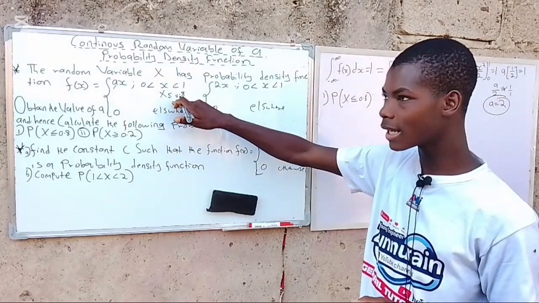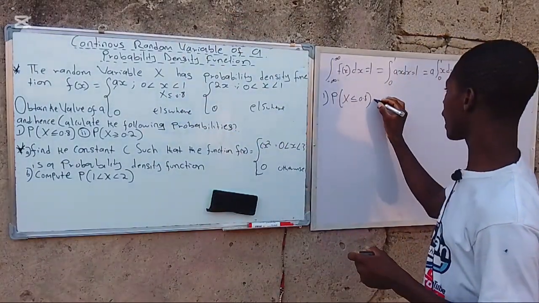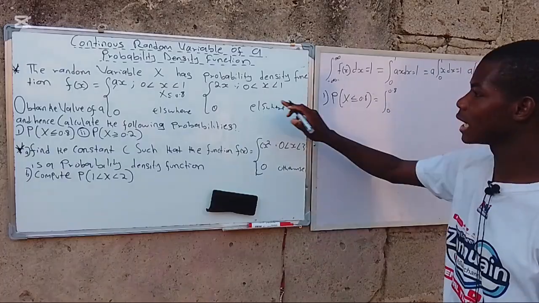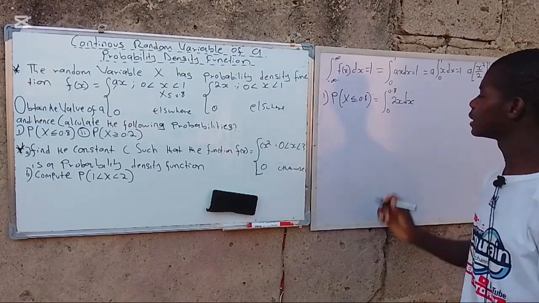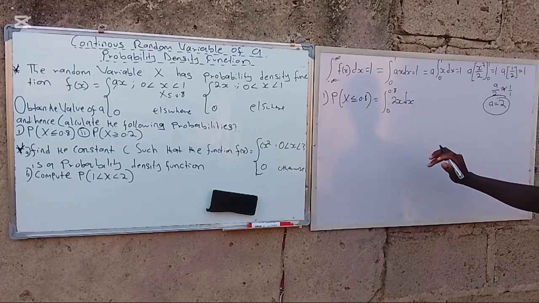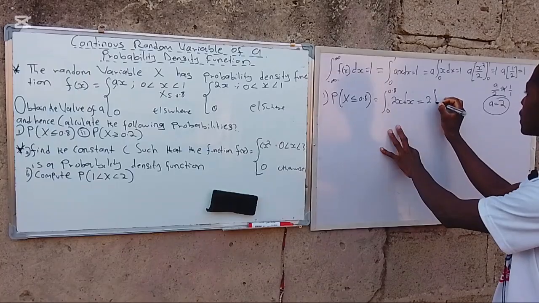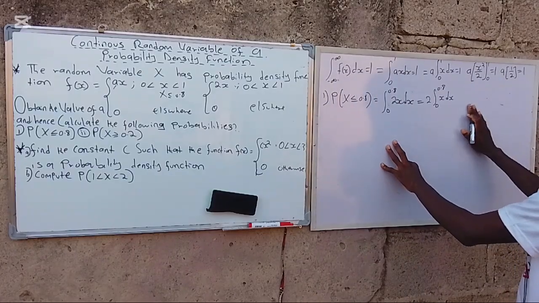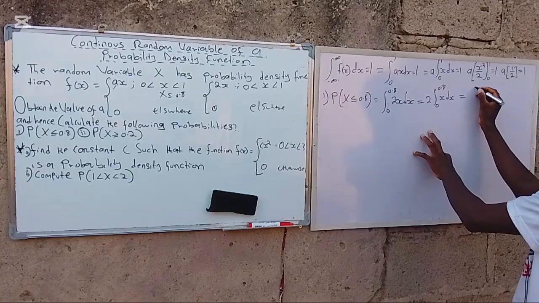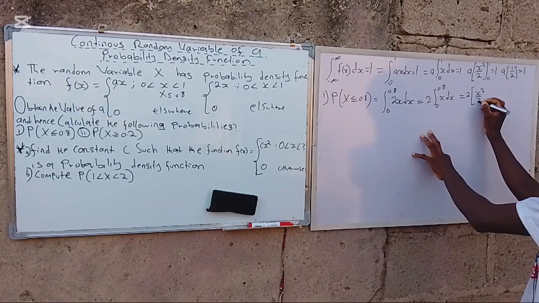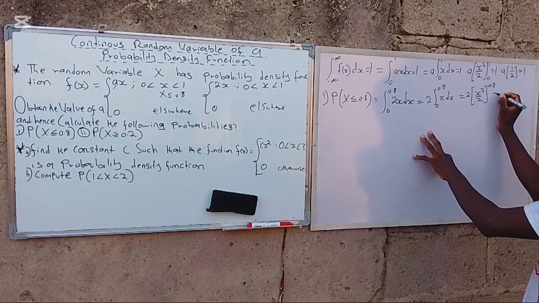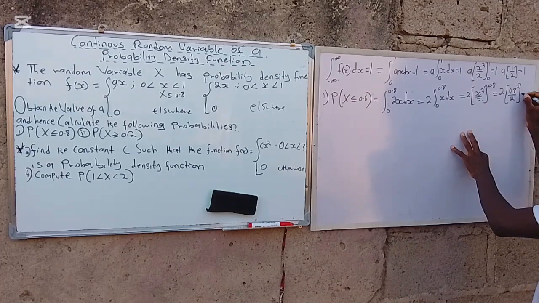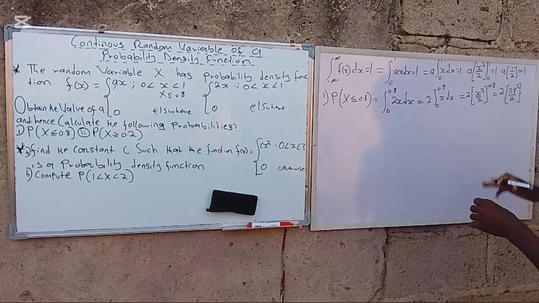When it is less than or equal to 0.8, this 0.8 is the upper limit and 0 is the lower limit. So we take the integral from 0 to 0.8 of 2x dx. Integrating, I end up with 2 times the integral of x dx, which is 2 times x squared divided by 2, with limits 0 to 0.8. This equals 2 multiplied by 0.8 squared divided by 2. Subtracting the value at 0 gives 0, the same thing.